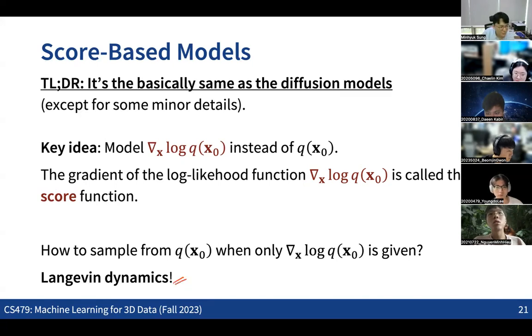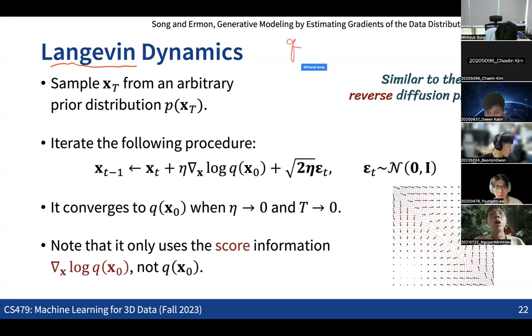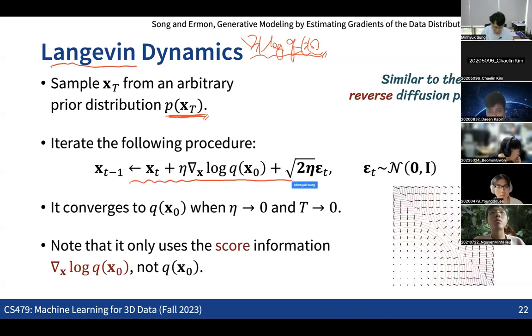What Langevin dynamics says in this framework is that when you don't know the exact likelihood function for the data distribution, but you have the gradient of the log likelihood, you can start from an arbitrary prior distribution and iterate a procedure that moves the samples.